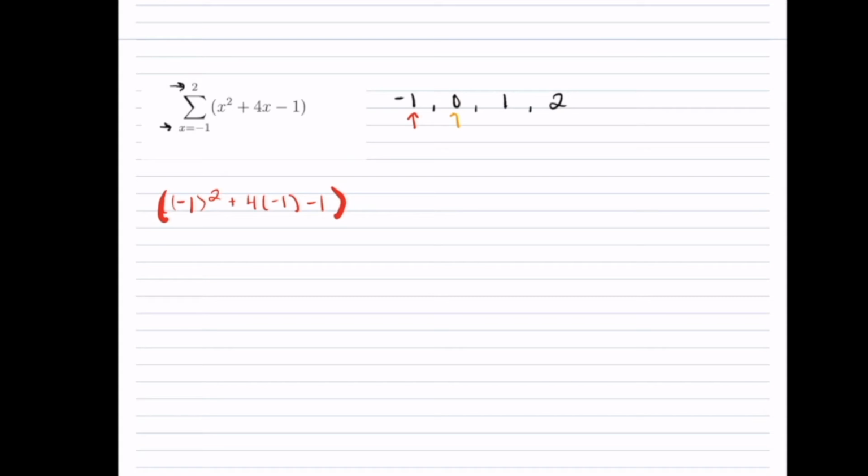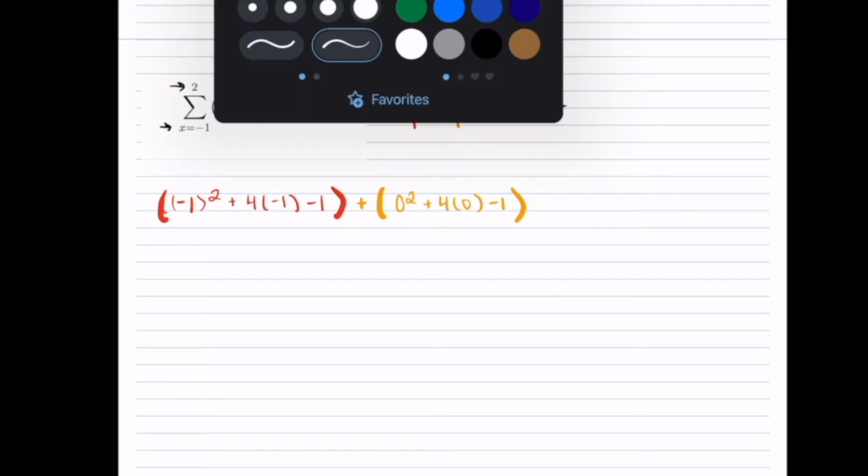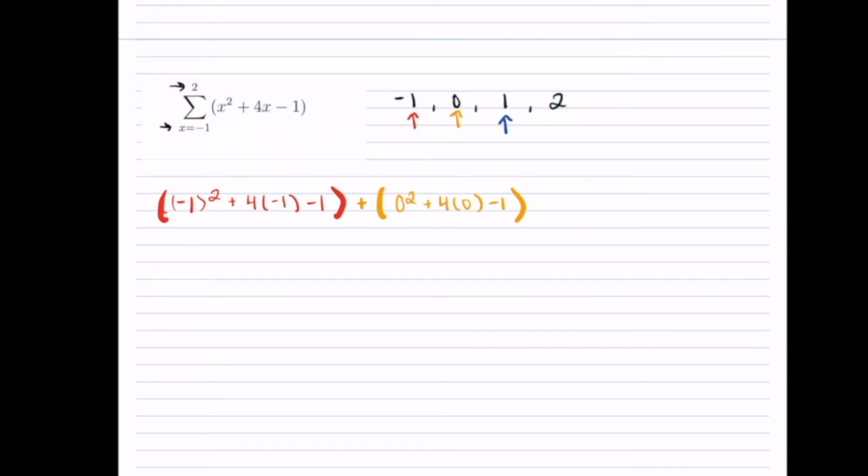For x equals 0, we got 0 squared plus 4 times 0 minus 1. For x equals 1, I have 1 squared plus 4 times 1 minus 1. And then for our final term, x equals 2, I'm going to put it down here. We have 2 squared plus 4 times 2 minus 1.